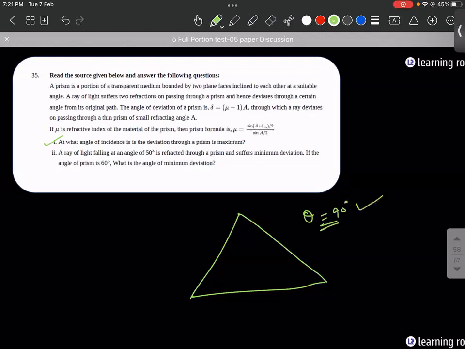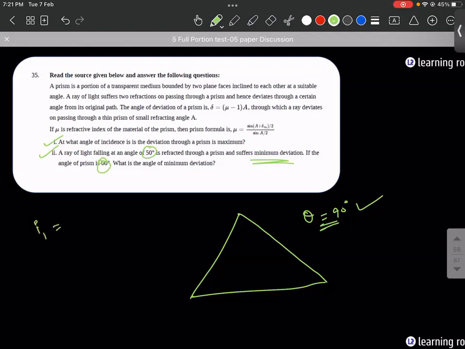Because when theta is equal to 90 degrees, what will happen? It will undergo a critical angle, right? So during the critical angle, the deviation is going to be maximum. Second, a ray of light falling at an angle of 50 degrees is refracted through the prism and suffers minimum deviation. If the angle of the prism is 60 degrees, what is the angle of minimum deviation?